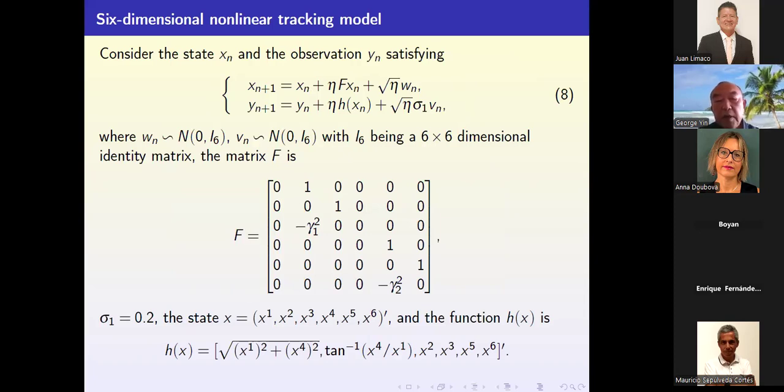Now, the second example comes from people doing calculation for tracking a flying object. Here it is actually a six-dimensional problem. You see the h function has something to do with a distance, whereas here you also have the angle involved and some other variables.